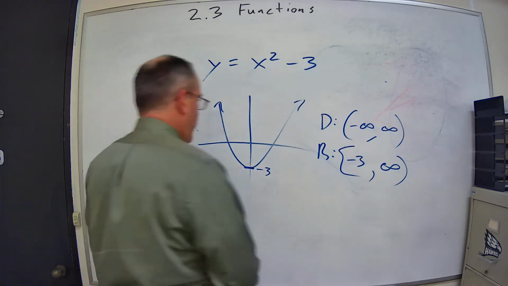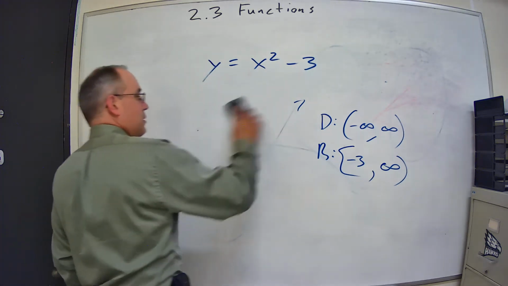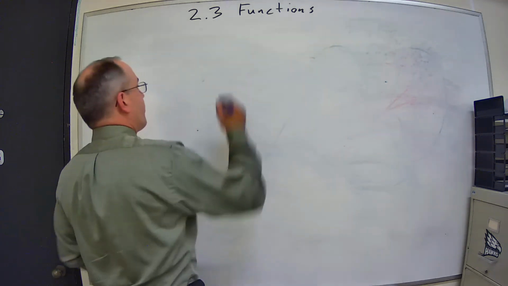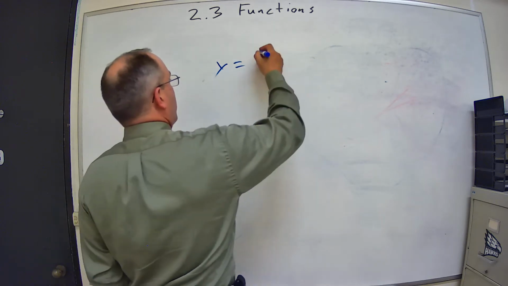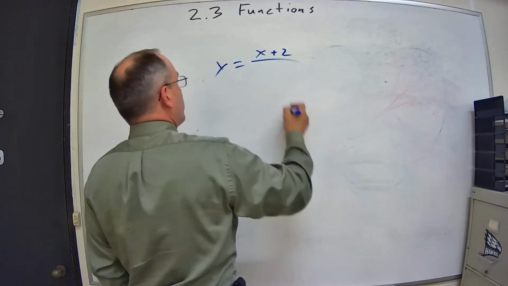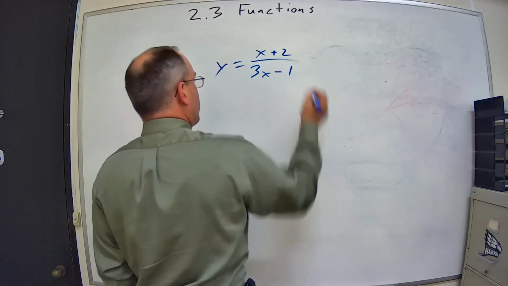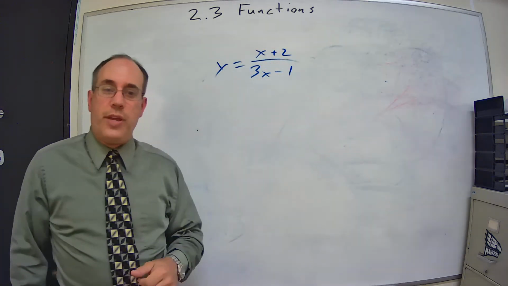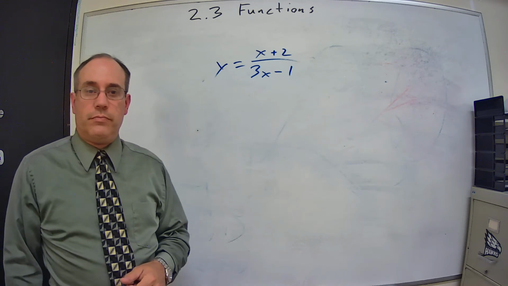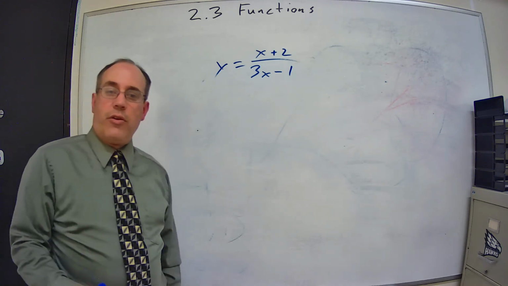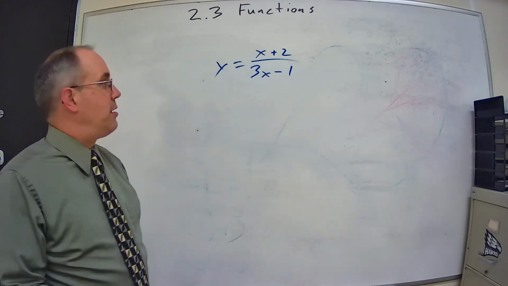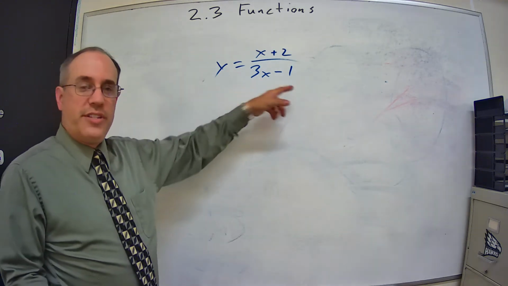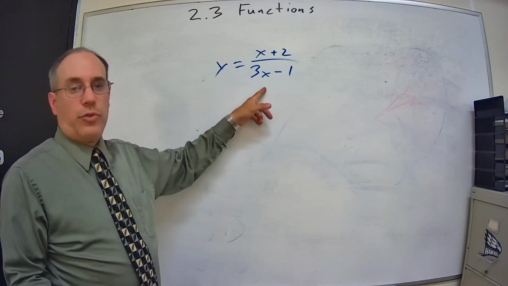What if we have a slightly different function? y is equal to x plus 2 over 3x minus 1. Well, here, the domain is what? Well, we can't allow the denominator to be equal to 0.